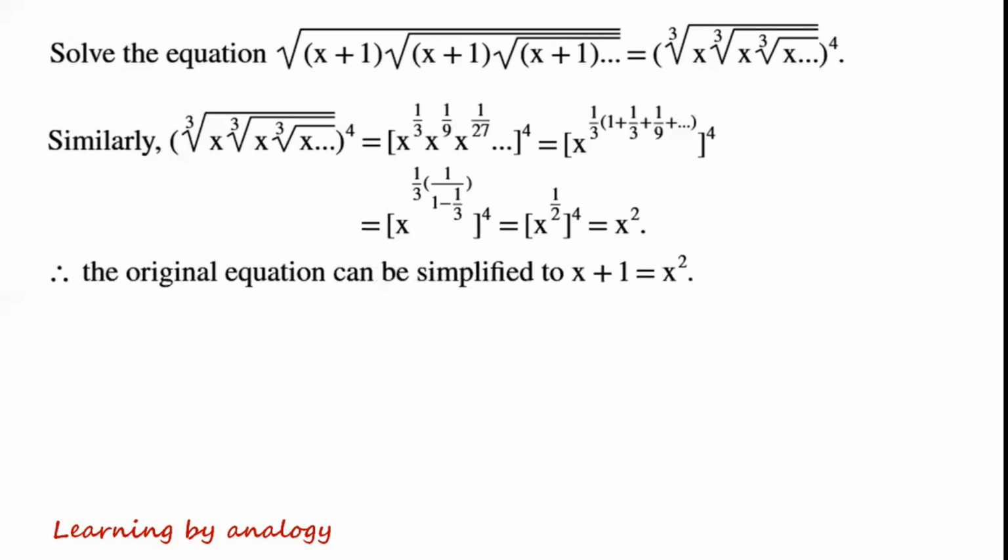So the original equation can be simplified to x plus 1 equals x squared. By rearranging the equation, we have x squared minus x minus 1 equals 0.